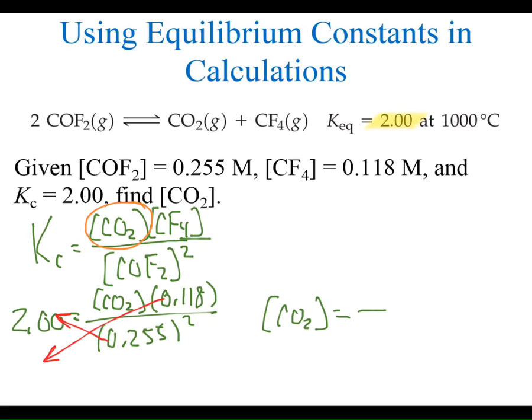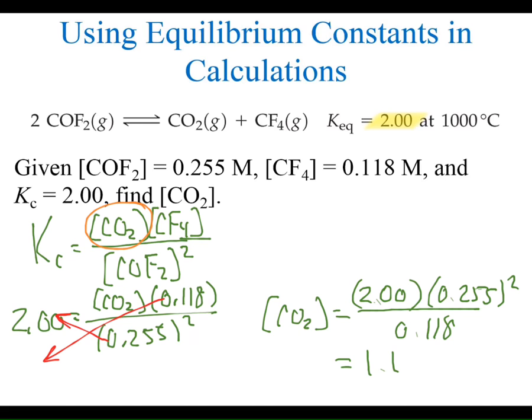So we had 2.00, right? So we have to bring up the 0.255 squared, and put the 0.118 down here, basically, is how it's working. So 1.10. Did y'all get that? Awesome.